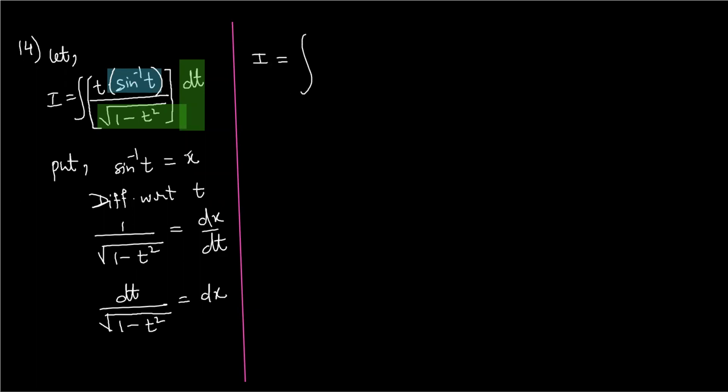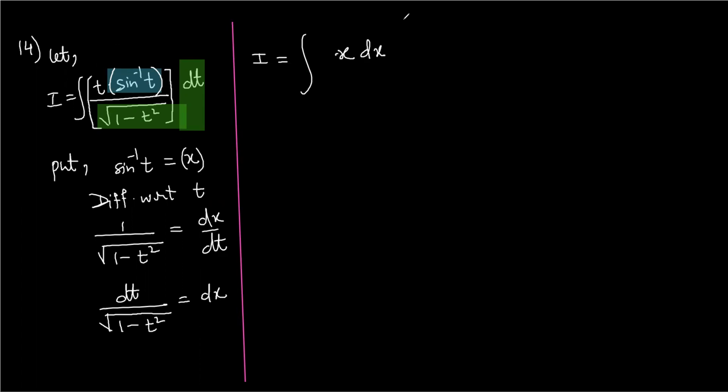For sine inverse t, we are going to write x, and this dt upon root of 1 minus t square, we are going to write dx. Now the question is, what do I write for t? You cannot write t here because you have written dx. So you will have to write everything in x.